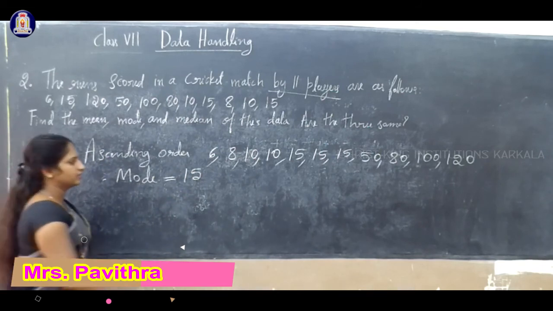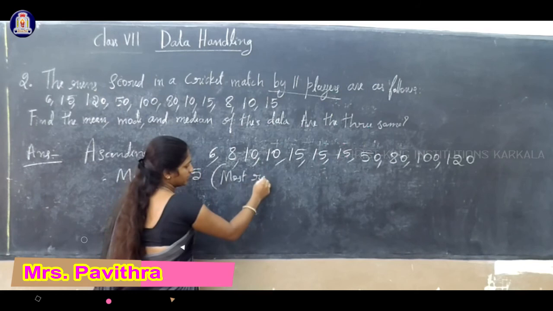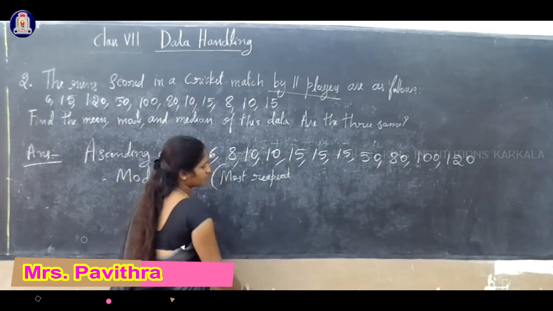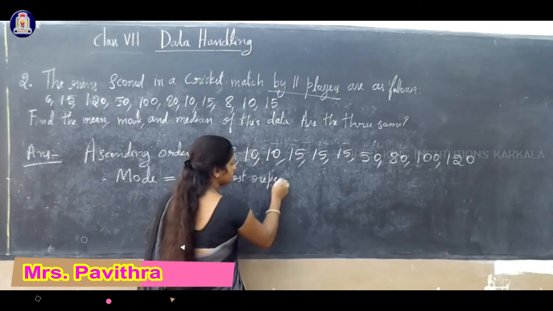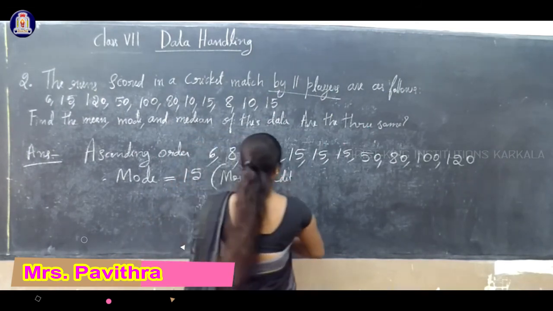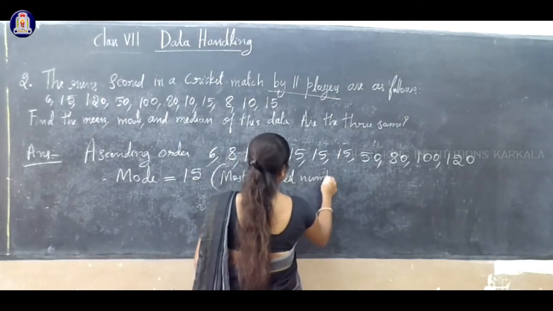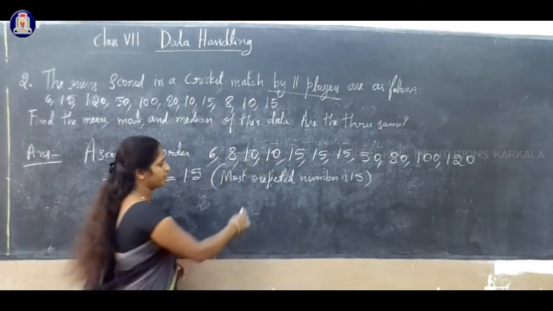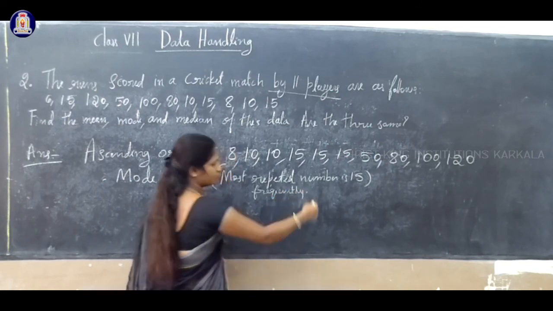That means it appeared the most times. That means we can write most repeated number. You write like this: most repeated number is 15. Or you can write frequently. Okay, that is 15.